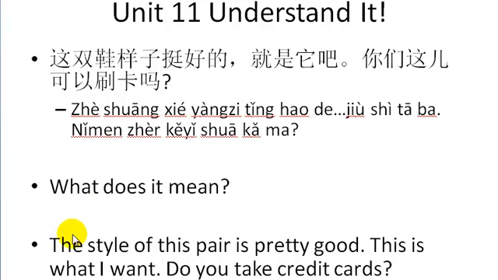And hopefully you came up with something close to the style of this pair is pretty good. 这双鞋样子挺好的. This is what I want. 就是它吧. This is it. This is the one. 就是它吧. This is what I want.